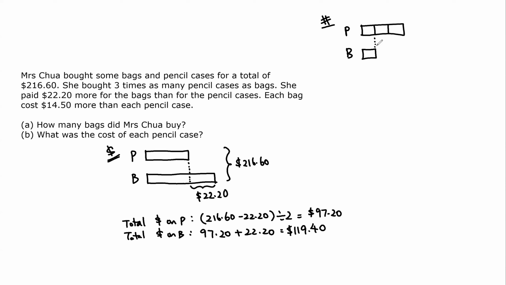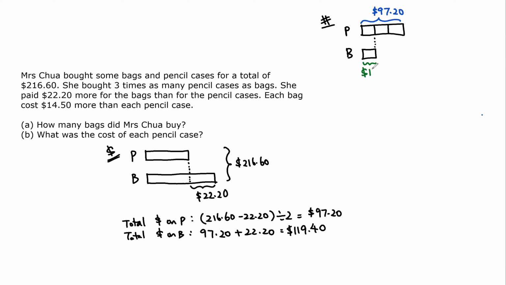Now, we know that the total cost spent on all pencil cases, we've just worked that out, it's $97.20. So even though I say not to mix them, this is a necessary information to bring over. And for the bags, we spent a total of $119.40.